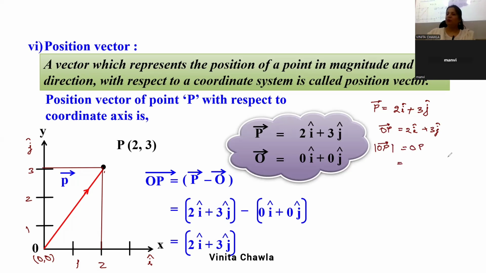We take square root, write the magnitude which is along x-axis. It is 2 square, and then 3 square. What will you get? 4 plus 9. Square root of 4 plus 9 is 13. Square root of 13. Because we do not know the unit, so we'll simply write unit.